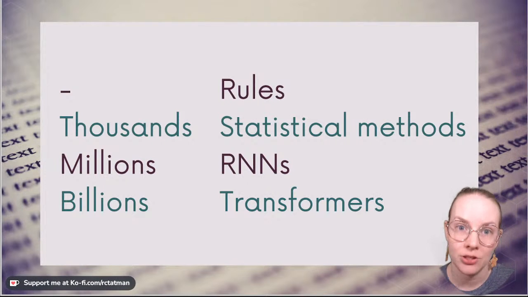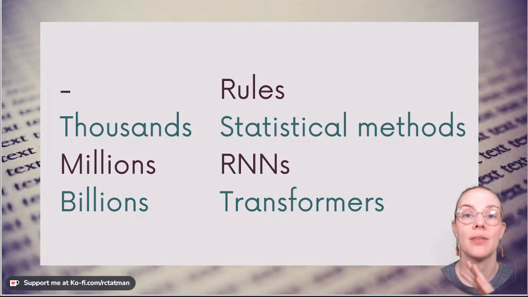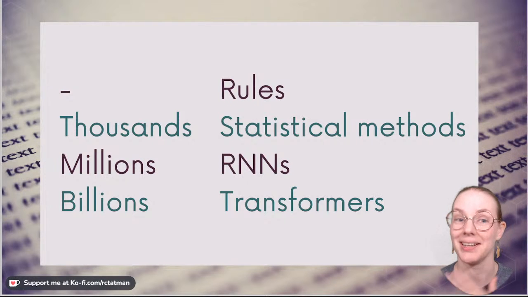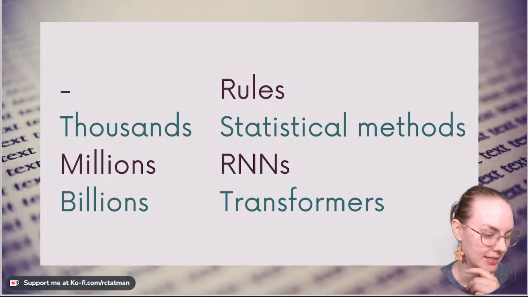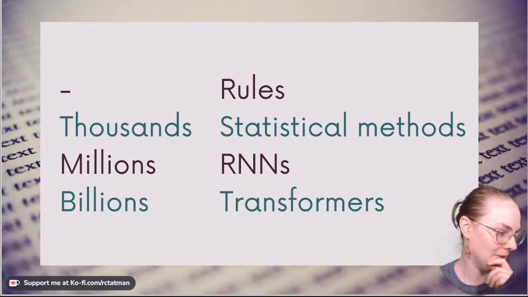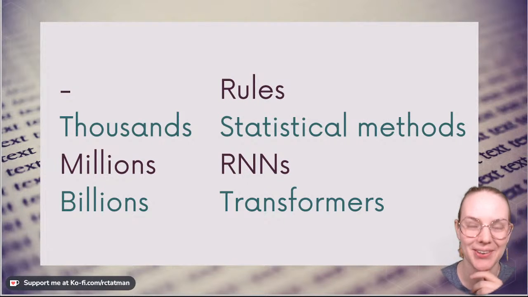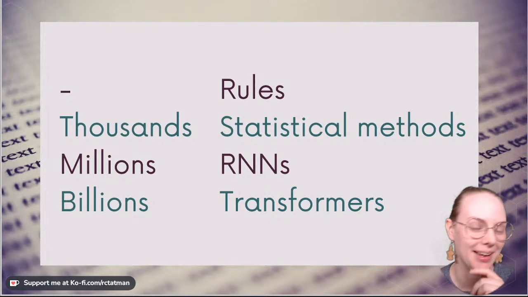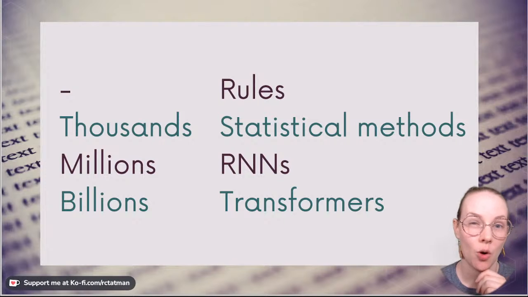Moving on, statistical methods. So statistical methods are very, very varied. There's a lot of them. These would be things like hidden Markov models, your classic finite state automata, any sort of corpus-based technique. If it calls itself a corpus-based technique, it's probably a statistical model.